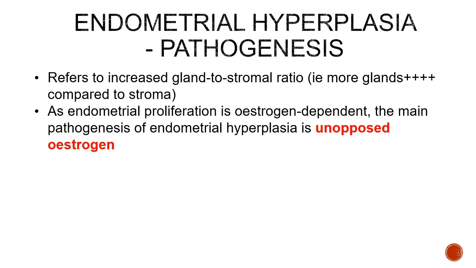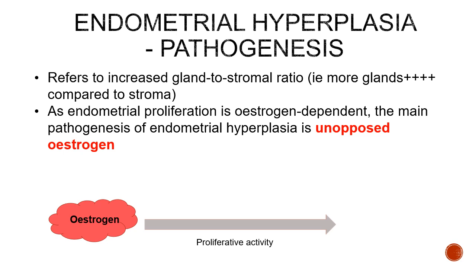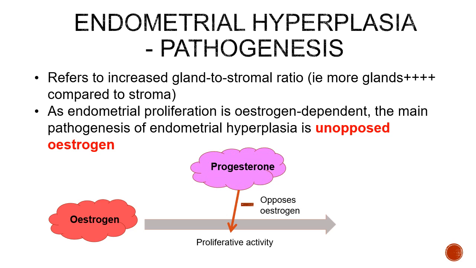Recall the normal menstrual cycle in a female. We know that estrogen drives proliferative activity within the proliferative phase, and in the normal setting, after ovulation, the corpus luteum becomes the main source of progestogen or progesterone, and progesterone has the action that opposes the action of estrogen. That allows a physiological balance, and you get subsequent secretory changes, and then they go into the menstrual phase, and then the cycle begins again.